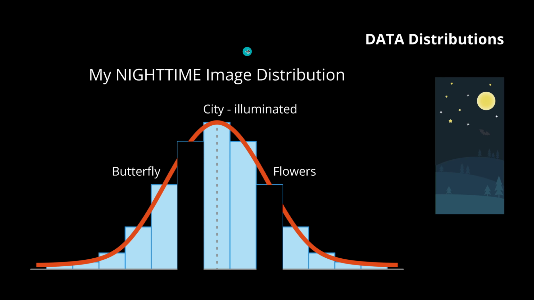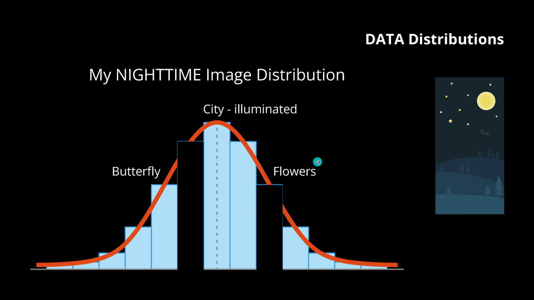Now, if I look at my actual nighttime image data distribution, all the images I took after 8 p.m., I have no butterfly images because I can't find them in the night sky, no idea where they are.